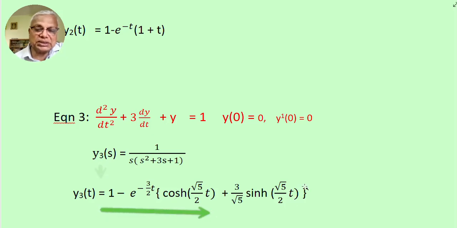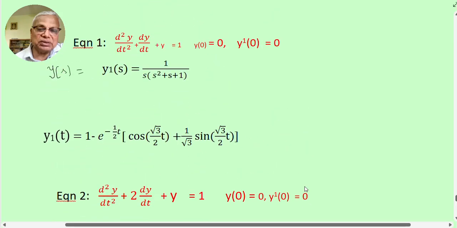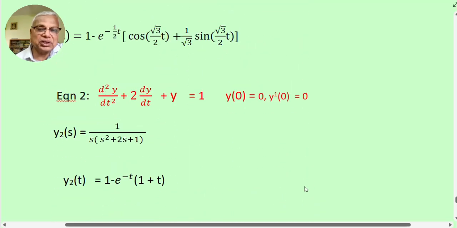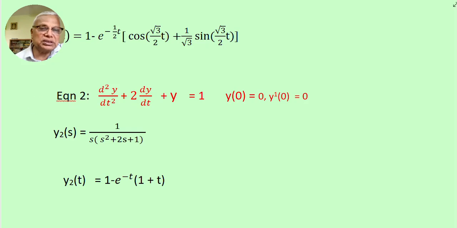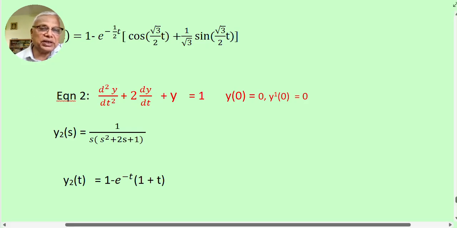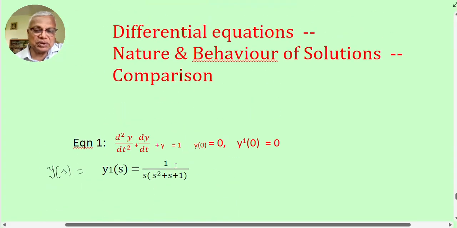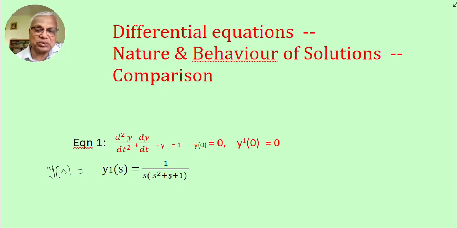Now what will be the nature of these three solutions, y1(t), y2(t) and y3(t)? Before coming to the nature, let us find out the roots of this equation. Every function, Y1(s), Y2(s) or Y3(s), has a quadratic term in the denominator and also an s.